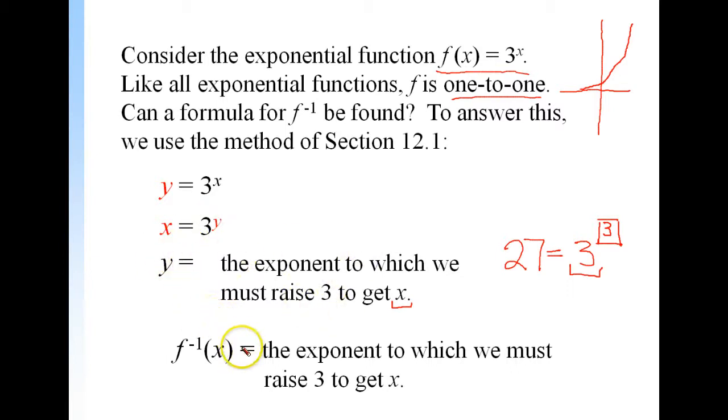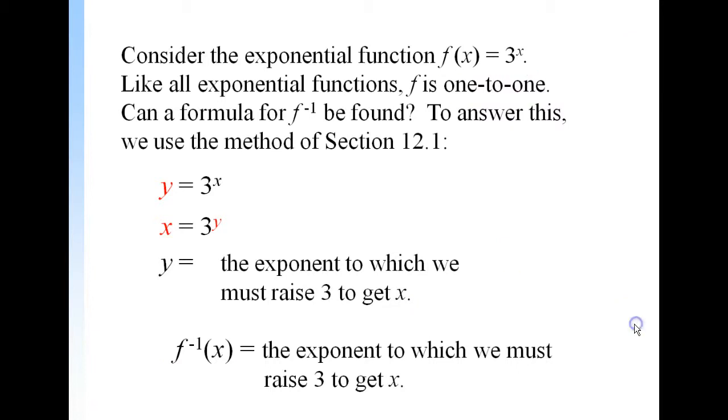Now, when you put this up here, which is an exponential functional notation of an exponent, when we put it in its inverse form, remember this is read f inverse of x, that is the exponent to which we must raise 3 to get x.